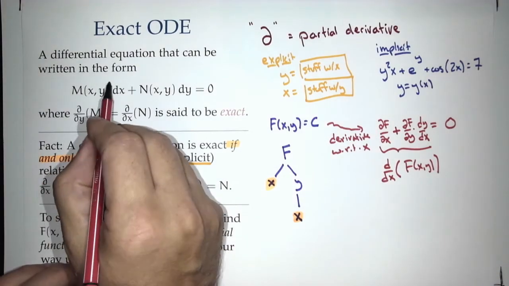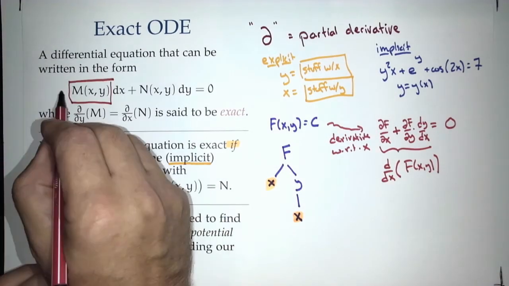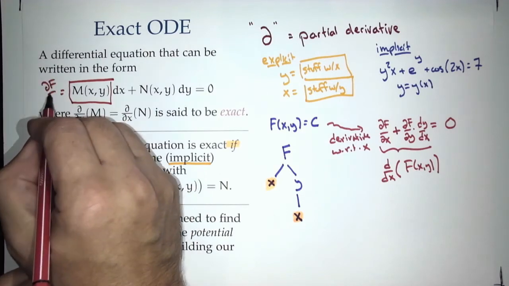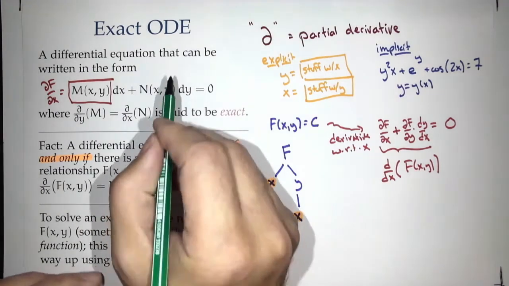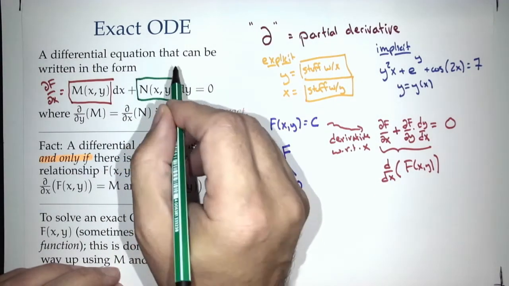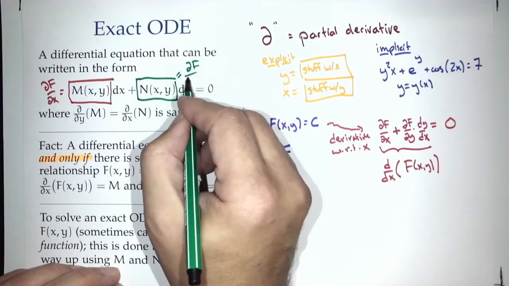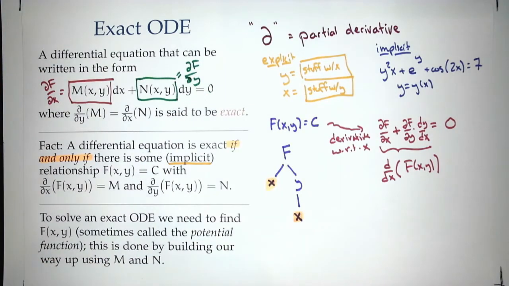In particular, this M of x y is partial f partial x, and right next to it, this N of x y is partial f partial y. So when we're exact, it's coming from a derivative, and so we can integrate. That's why we have a chance. All right, so that's the background.